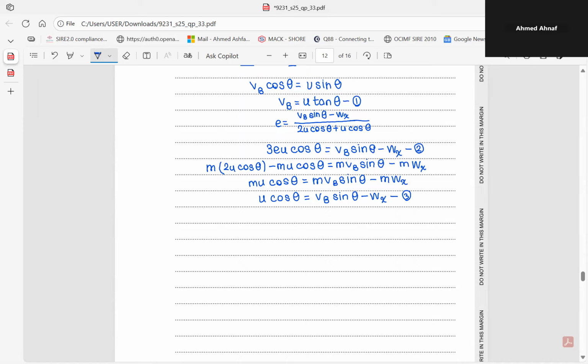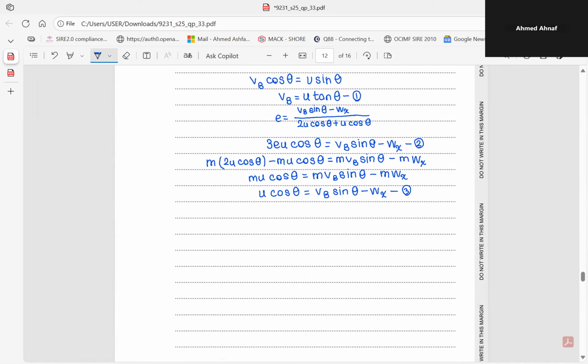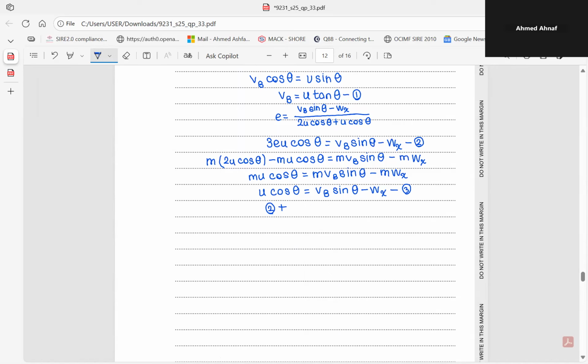We can see both of them have minus WX, and since we don't want that, we're going to add those two equations up. 2 plus 3, you'll get 3u cosine theta plus u cosine theta equals, wait, no, sorry, we're going to subtract, so that is minus that, you get VB sine theta.